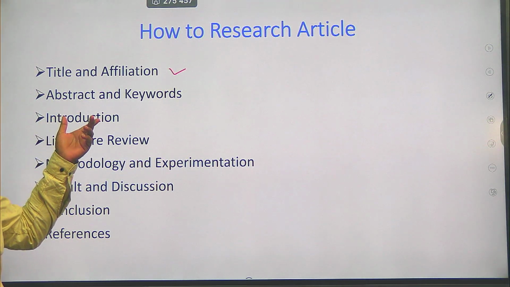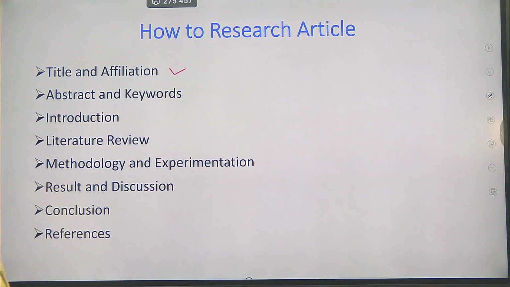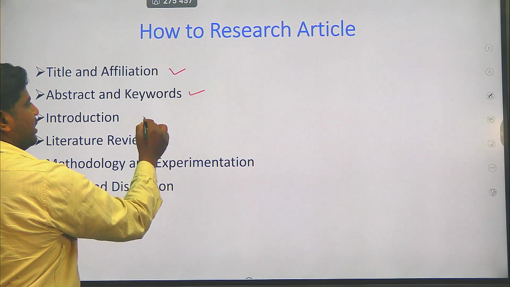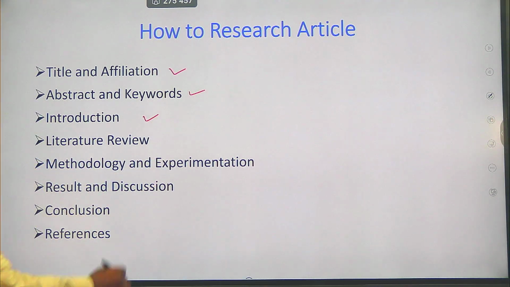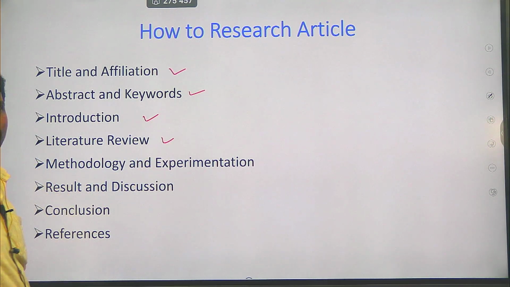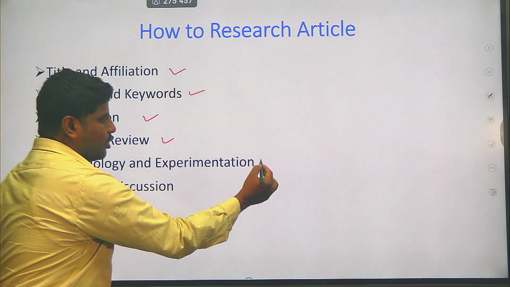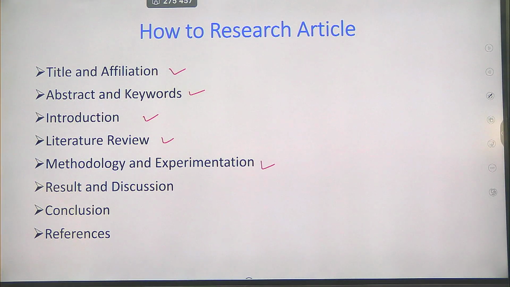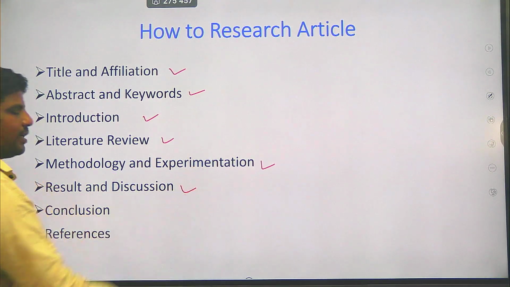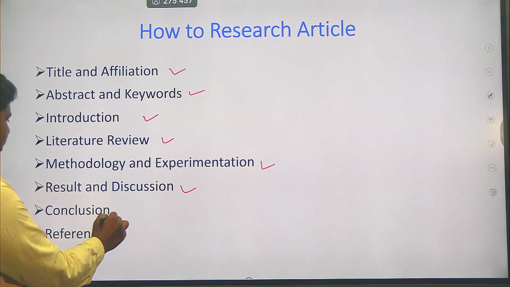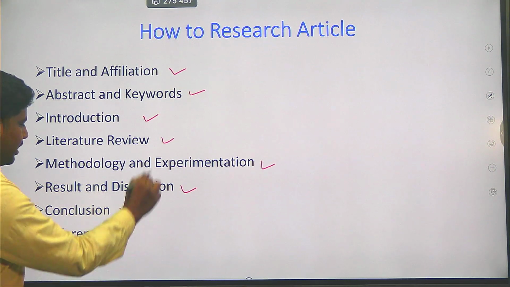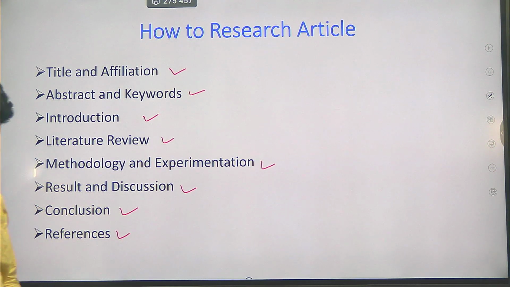Second, abstract and keywords. Next is the introduction. Next is the literature review. Next, methodology and experimentation. Next, result and discussion. Then conclusion, and finally, references. So we will see one by one how to write the research article.